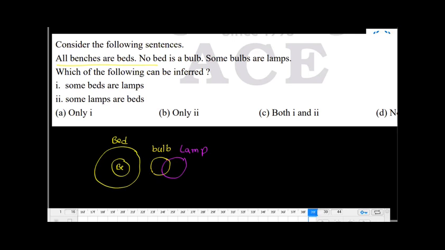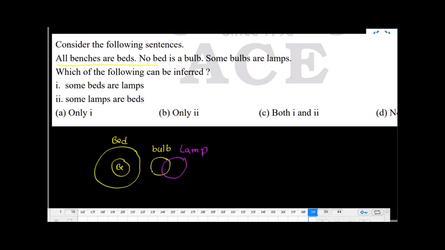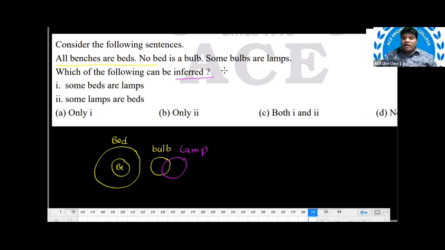We don't know whether a relation is there or not. So it is not a confirmation, it is just information. Okay, sir. Then which of these can be inferred? Inferred means what is the right answer.